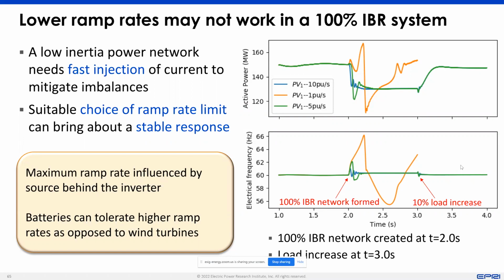But if you have a slow ramp rate in the response, essentially looking at it from the perspective of not having fast frequency control here. We spoke about fast voltage control in the initial part of the presentation. We're transitioning to fast frequency control, where you now start having limitations on the ramp rate in which the response is provided.